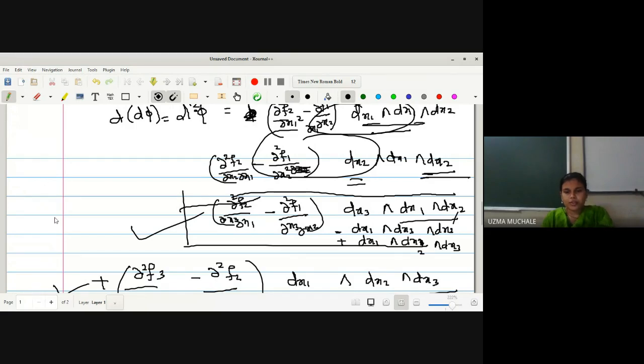So the first one we took the wedge product with x1, then x2 and x3, and the x1 x2 ones become zero wedge products. Why? Because it is repeated. Okay, since we know that a cross a is 0, because the area of a single line you cannot find out, because your cross product is nothing but you are finding the area of a parallelogram, or if it is in 3D, that is a cross b cross c, so it is the volume of the parallelepiped.